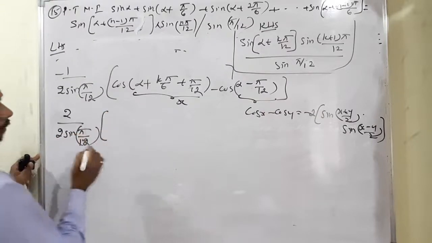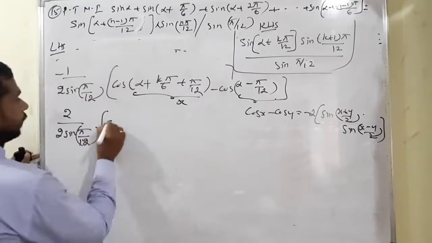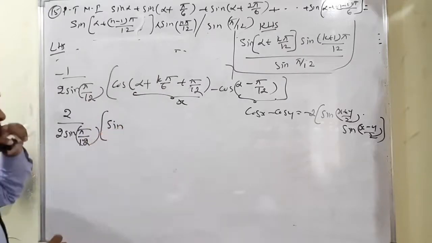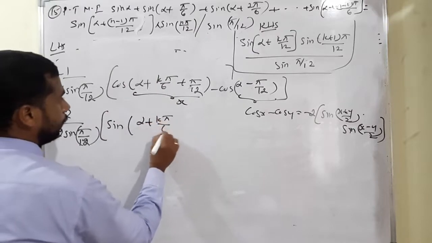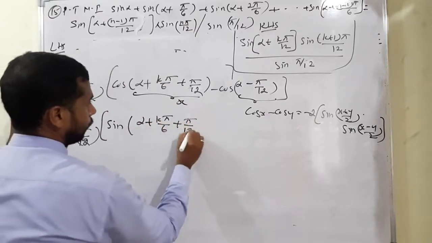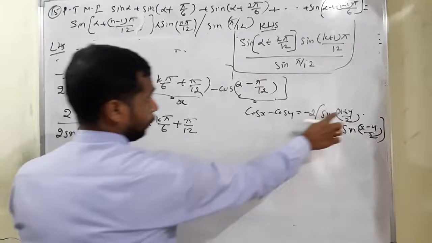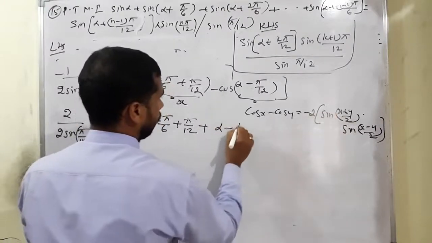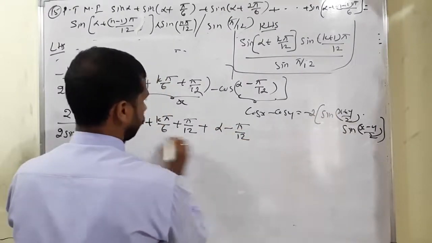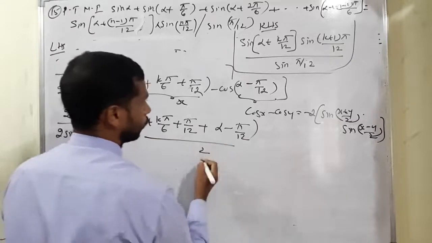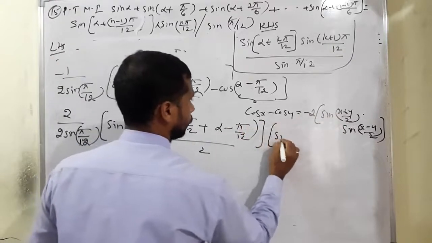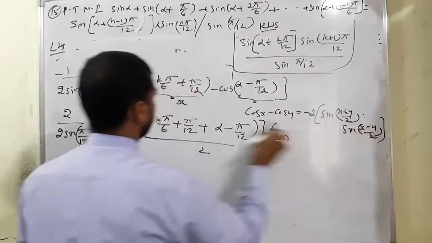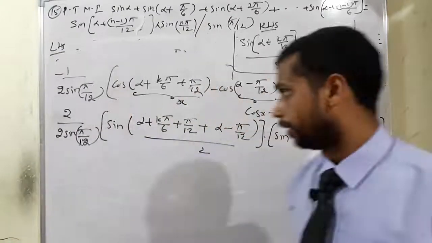Then inside sin of x plus y. What is the term? Alpha plus k pi by 6 plus pi by 12, then plus alpha minus pi by 12, the whole term divided by 2, then into again sin of x minus y. What are the terms?